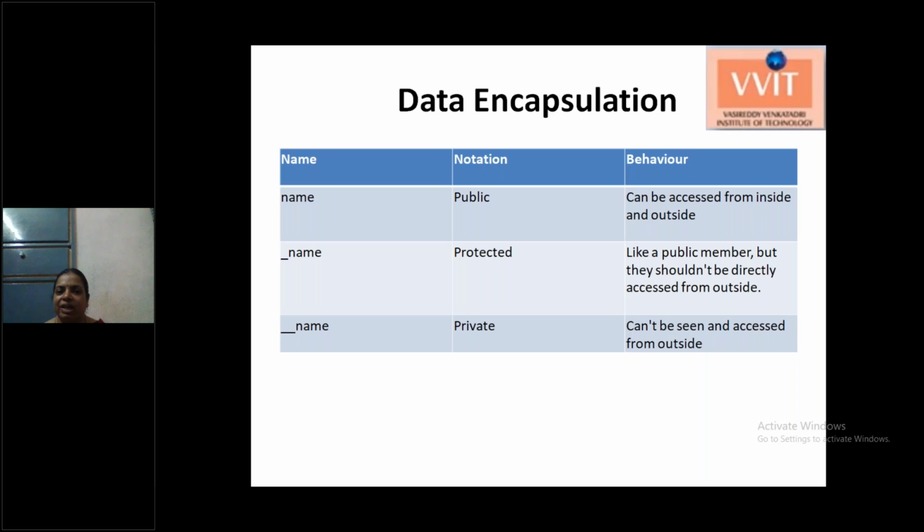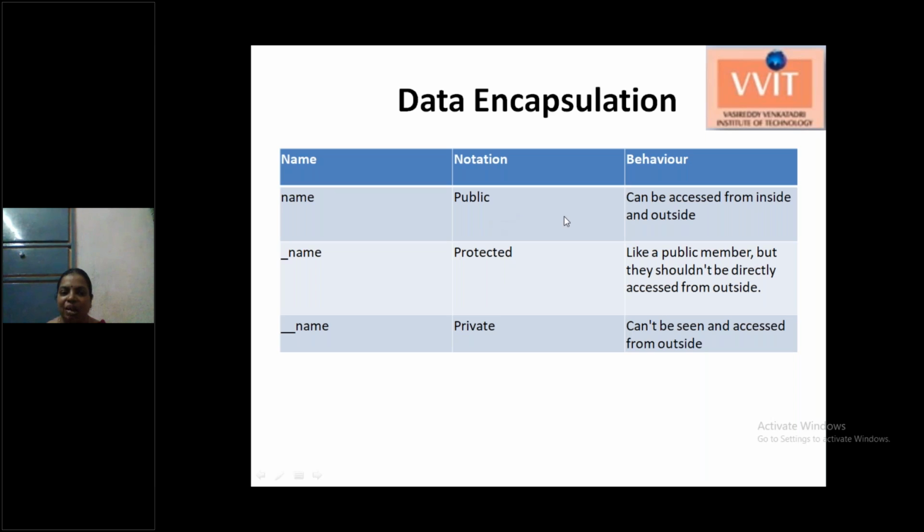So this data access we can hide with the help of the data encapsulation feature, and for that we are using access specifiers. There are three access specifiers provided by object-oriented programming and in Python also: public, protected, and private.